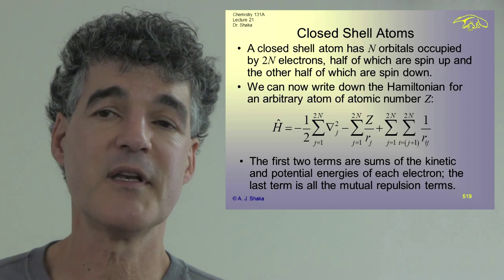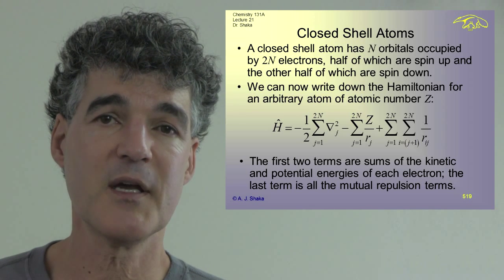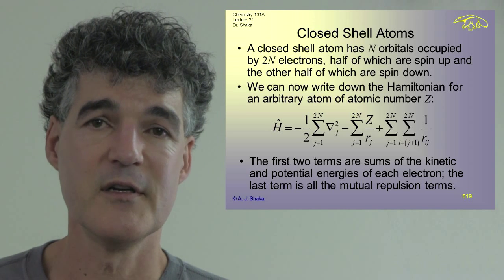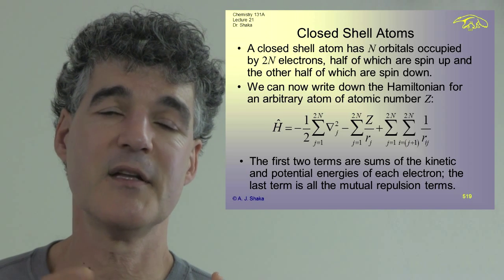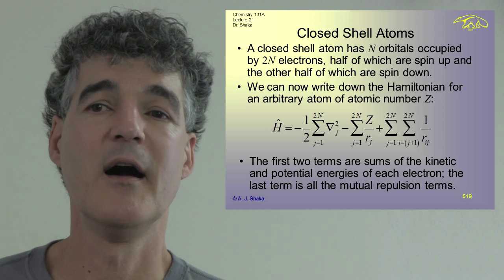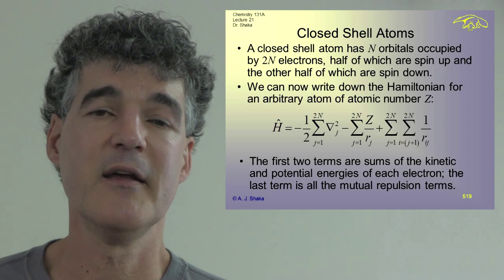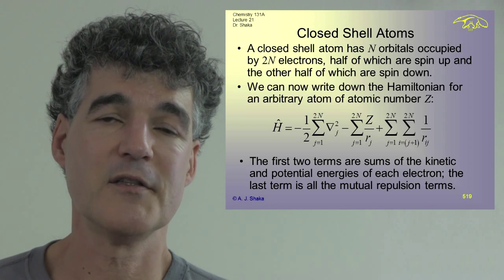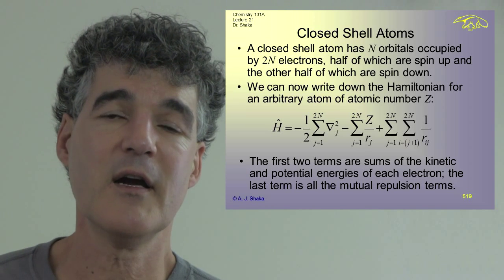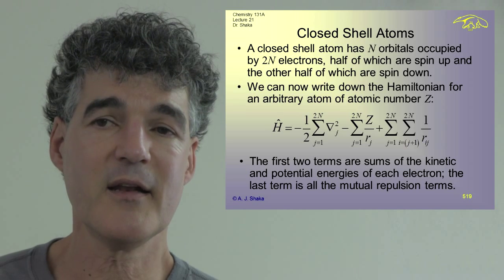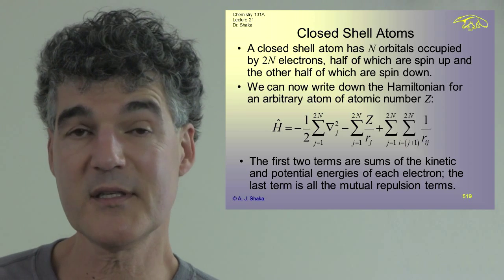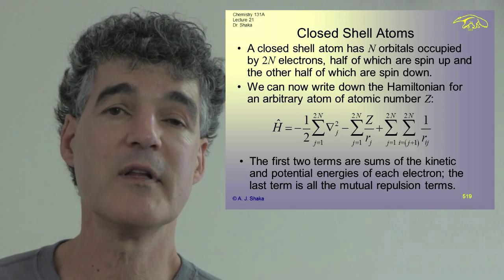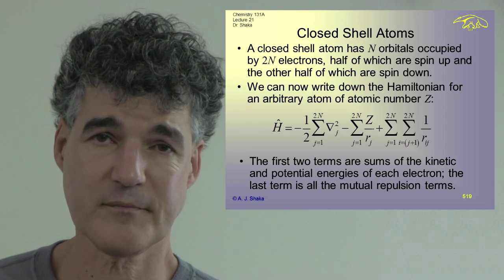Then we have the potential energy of this big positive charge, Z, which depends on the atomic number, divided by the distance of each electron from the positive charge. When we write it like this, we're kind of implicitly assuming that the nucleus is a point charge.